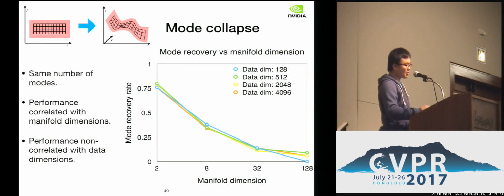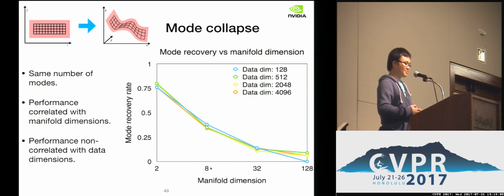If we fix the number of modes in the distribution and analyze the dependency on data dimension and manifold dimension, we find that the data dimension, the space you project your points to, really doesn't matter. What really matters is the manifold dimension. If the manifold your data lies on is high dimensional, it becomes more difficult to recover all the modes.